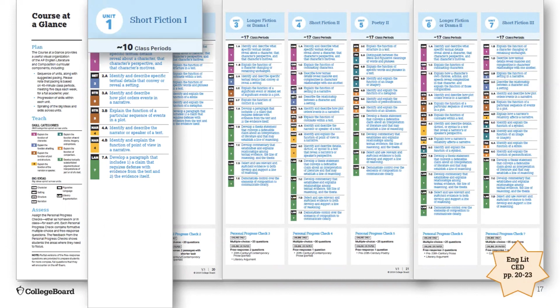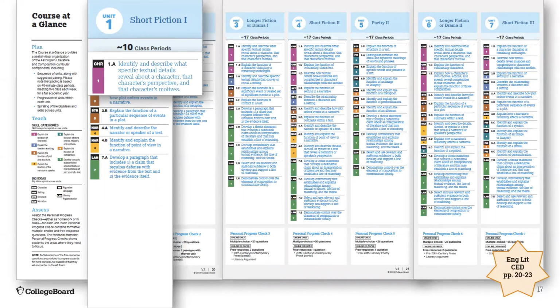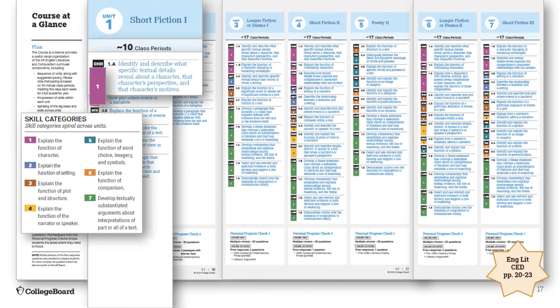You'll notice here we don't see an emphasis by genre, there is an emphasis by skill. And then you'll start to see these topics, but the topics are actually a list of skills. And this skill comes from this purple skill category, which is explain the function of character. If you read the skill category, you'll see very quickly how this skill fits within that category.